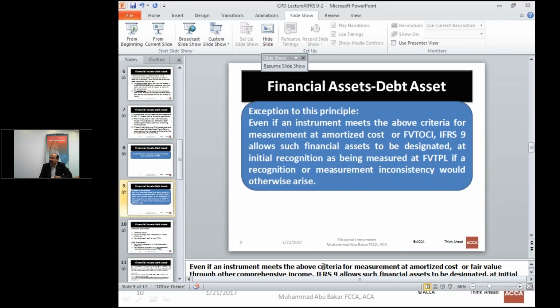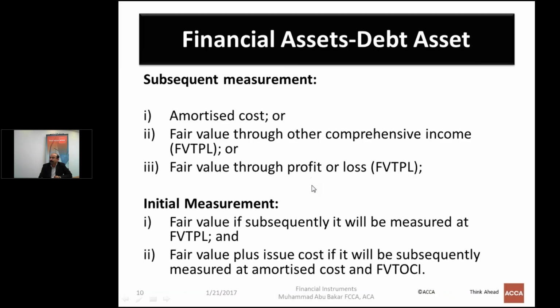Okay, we were on this slide. Again, this subsequent measurement is written before the initial measurement, because initial measurement is dependent on the subsequent measurement. If you have decided that you will be measuring your debt asset at amortized cost, initially you will be measuring that debt asset at fair value plus issue cost.